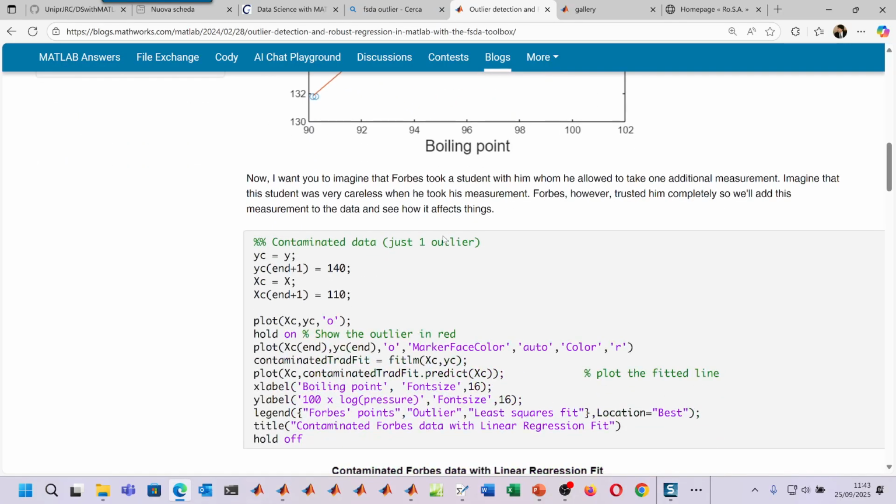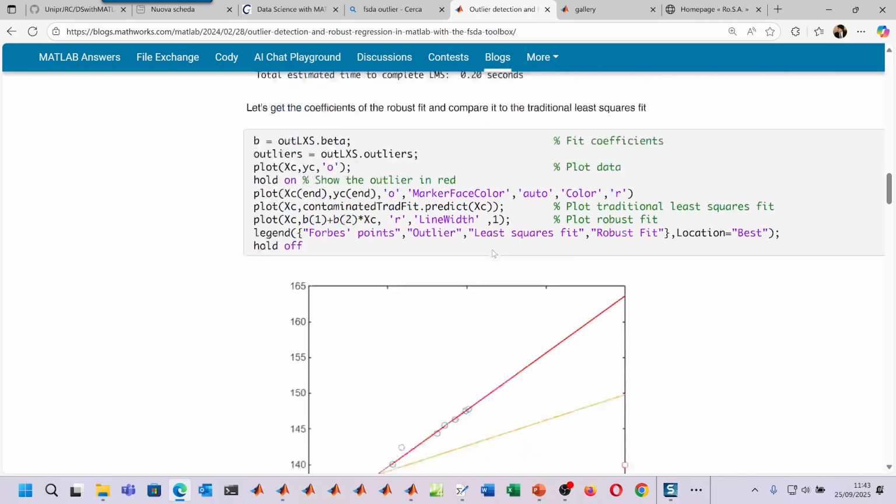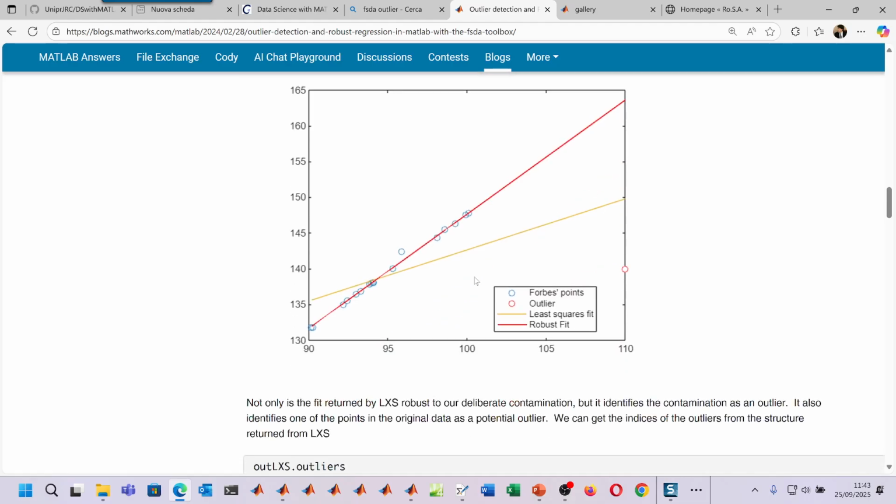And you see that if there is one outlying observation, the regression line is affected by this observation. On the other hand, you want your regression line to stay here, and if you do this fit, the regression line stays there, is not affected. This is the non-robust. This is the robust that is independent of the fact that here there is an outlier.